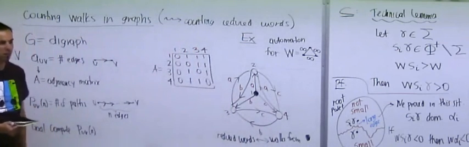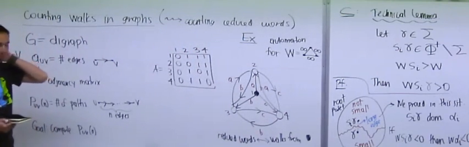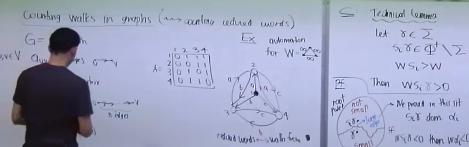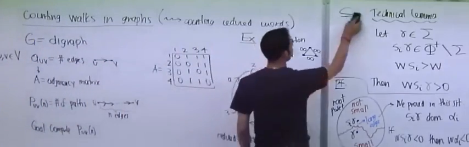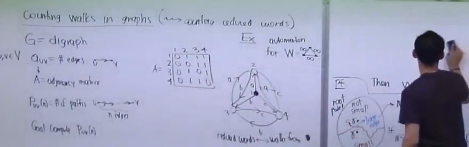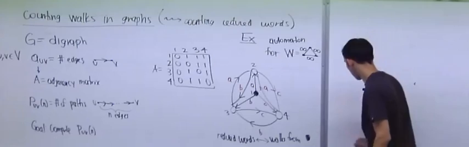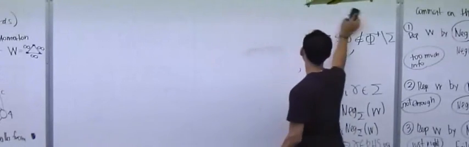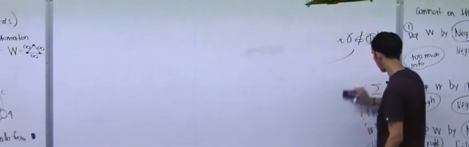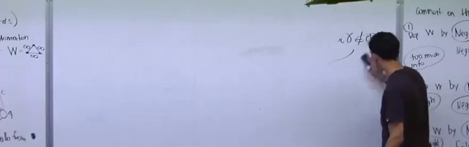And I want a formula for that because I don't want to do them one by one, right? So how do I do something like this? It turns out that this is something that physicists were really good at. I think they were the first ones to develop this method called the transfer matrix method.